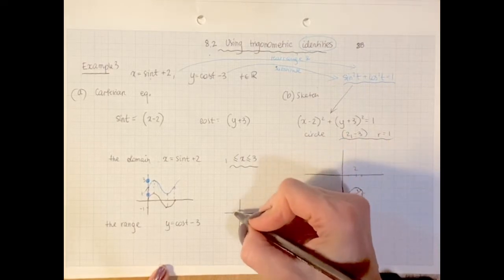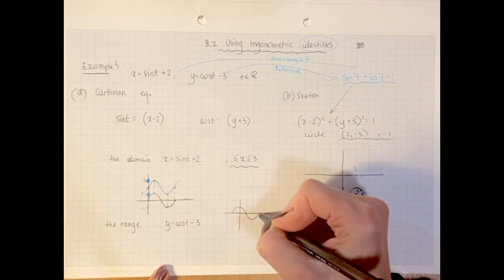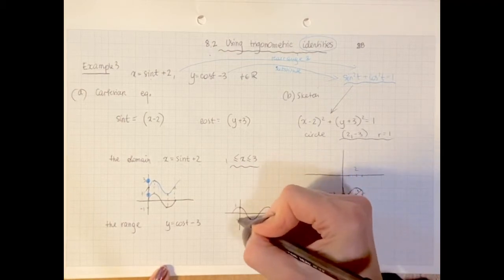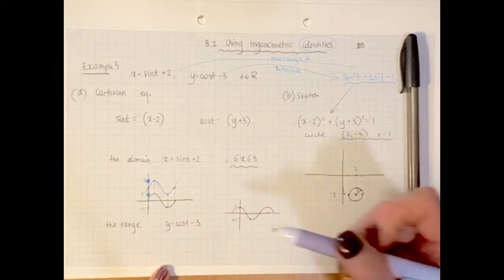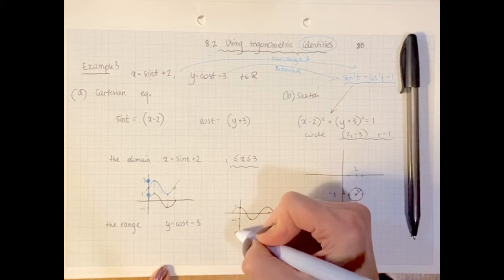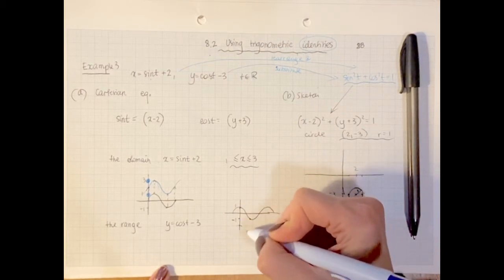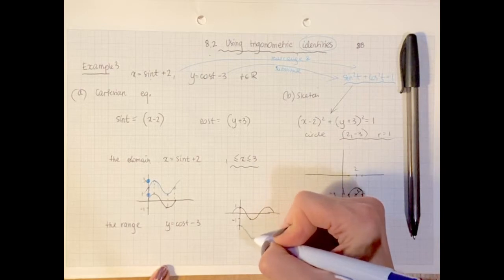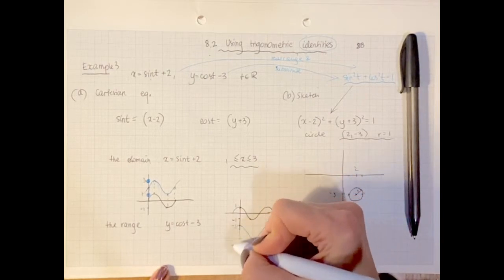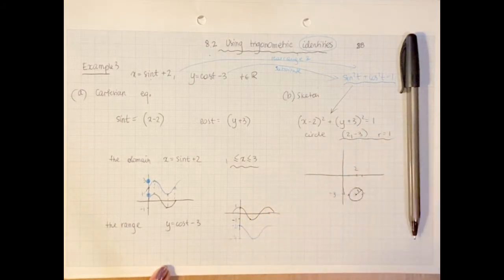But we're going to sketch it. So the cos graph looks like this. The highest value is 1, the lowest value is minus 1. We're going to shift it 3 down, so it goes 1, 2, 3. So here's my highest value there. 1, 2, 3, here's the lowest value. And the sketch will vary between minus 2 and minus 4.